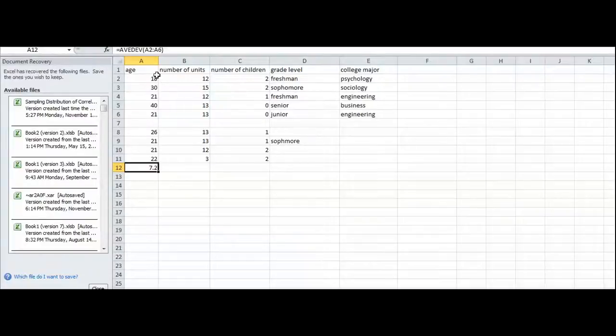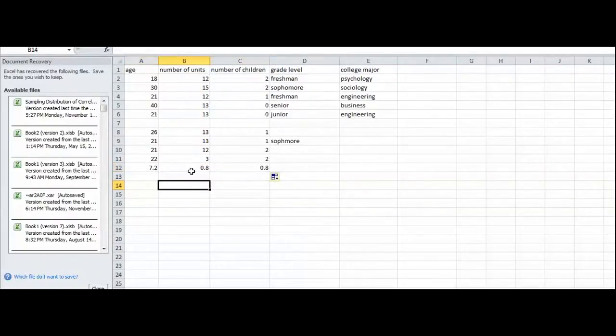Notice how in this column the numbers are spread out all the way between 18 and 40, and over here in the number of units column the numbers are pretty similar. They all fall between 12 and 15, and over here the numbers are all pretty similar, meaning close together. They're all between 0 and 2. So the mean absolute deviation should be the highest right here, and it should be lower here and here, because it comes out to a higher number when the column has more spread.